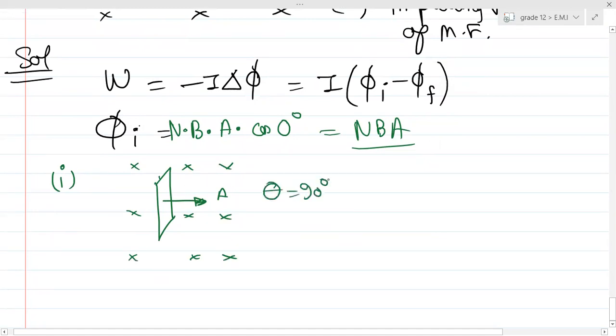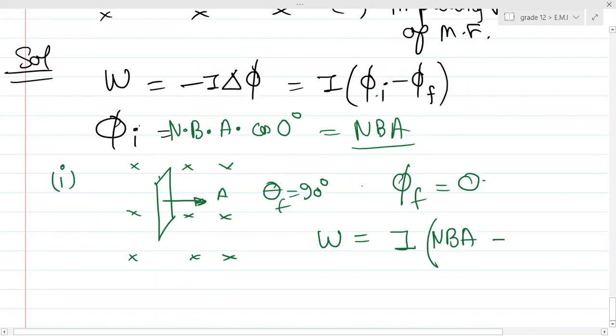The angle between them becomes 90 degrees. Hence the final flux becomes 0. So in the first case, the work done will be I multiplied by the initial flux, which is NBA, minus 0. So now you got the gist, right?